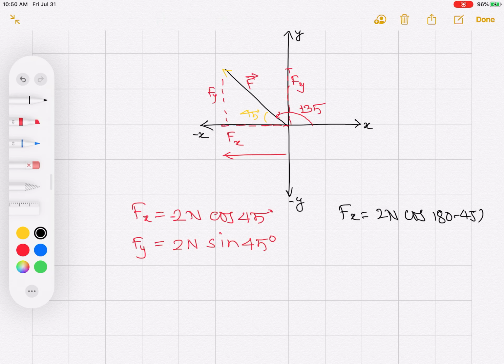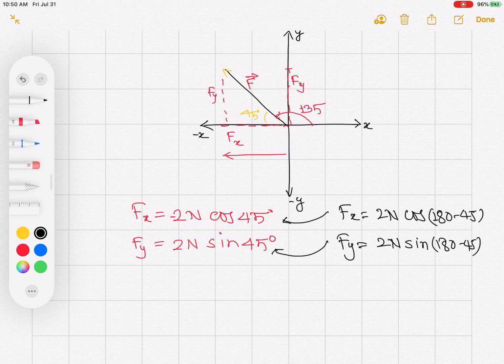So this is the angle 180 minus 45, that is 135. And Fy is also 2 Newton sine (180 minus 45). Cos (180 minus 45) is negative, so the minus sign will come from here, and this will give you the same thing.